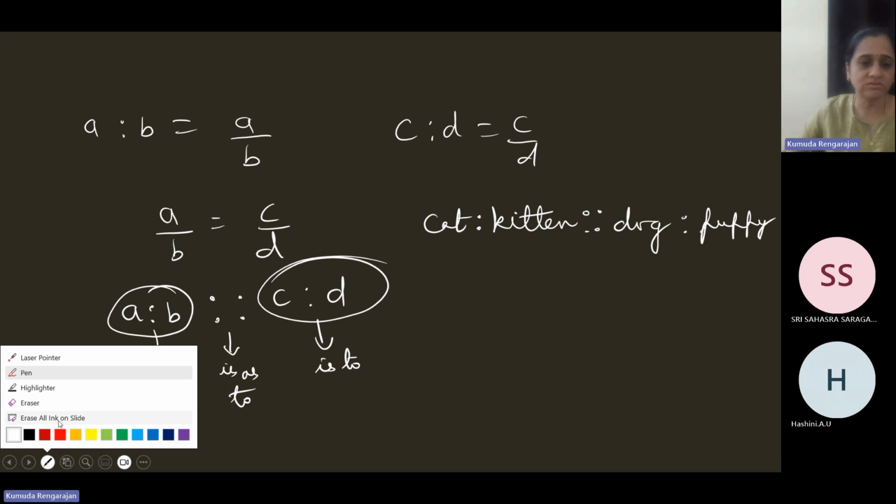Now what is ratio? Comparing two or more quantities of the same kind. When two ratios are equal, they are said to be in proportion. And you can say A is to B is as to C is to D is a proportion.